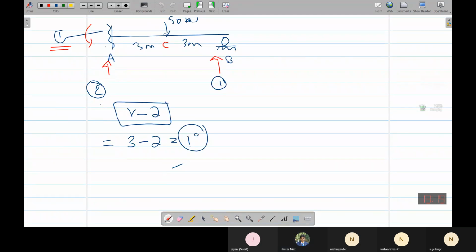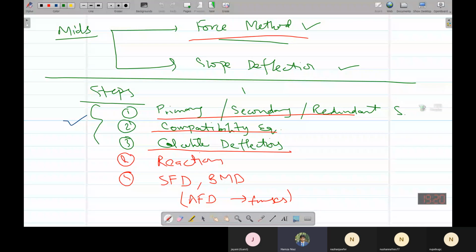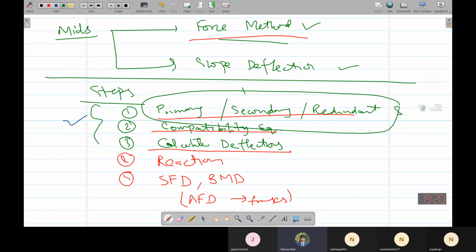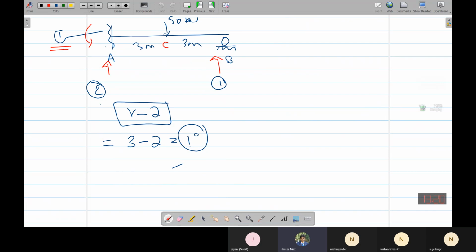This was the part of our first step. We are resolving our structure, our question, into a primary structure as well as redundant structures. So first we find the degree of indeterminacy. Now we are going to resolve it. In our first example, the beam is indeterminate to the first degree, so we'll have to remove one direction.